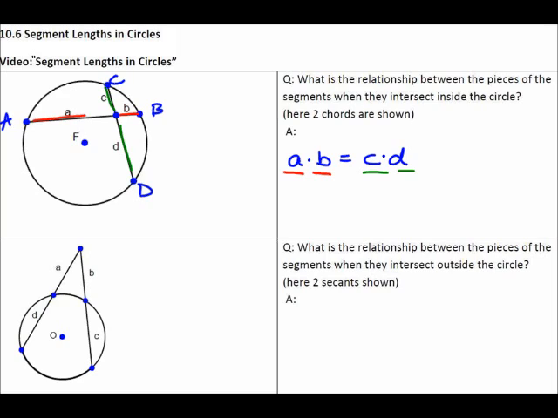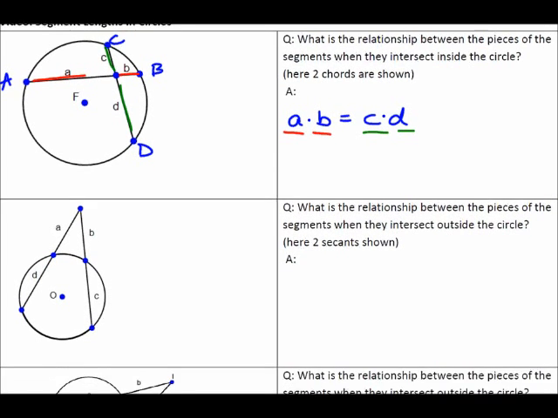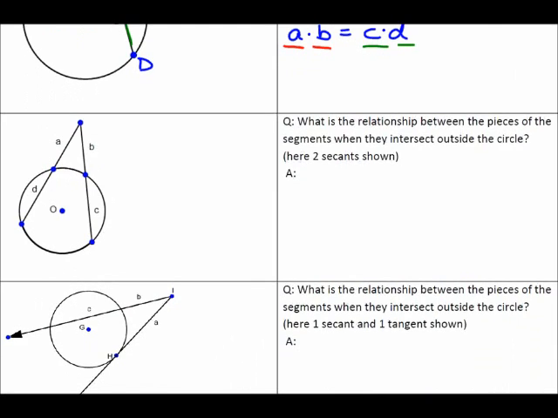All right, our next one says, what is the relationship between the pieces of the segments when they intersect outside the circle? Here we have two secants. They're both intersecting at this external point. And again, I'm going to go through and label some of these.